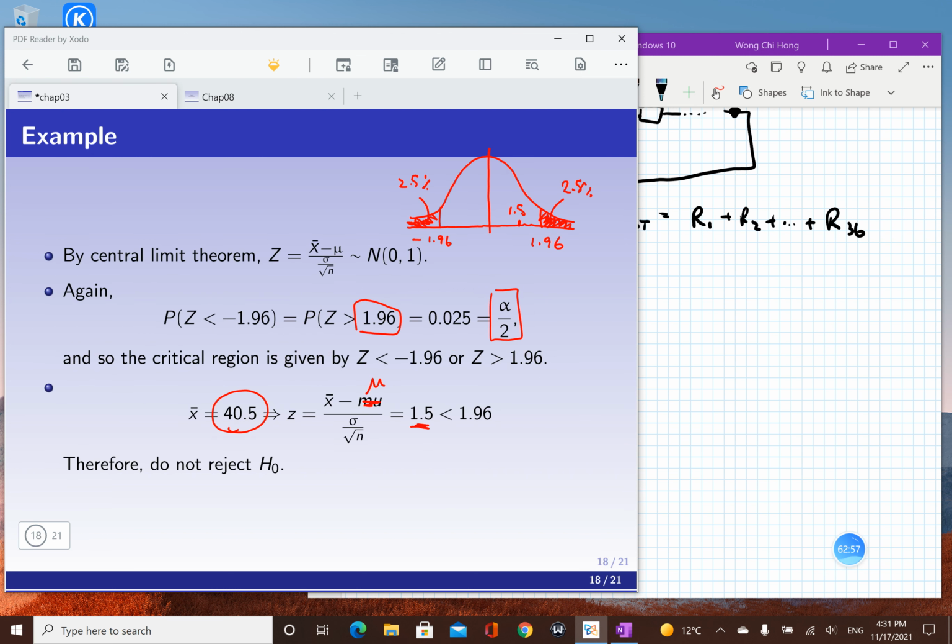Then we just look up the critical values from these tables, and at the end we perform our experiment, get our 40.5, and then we check our X bar and see if this belongs to the critical region, and that's all.